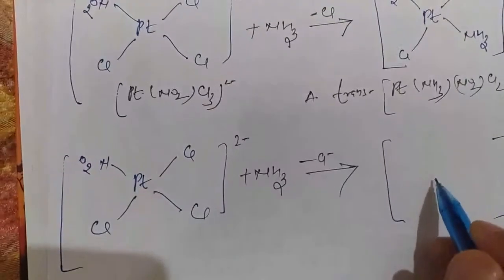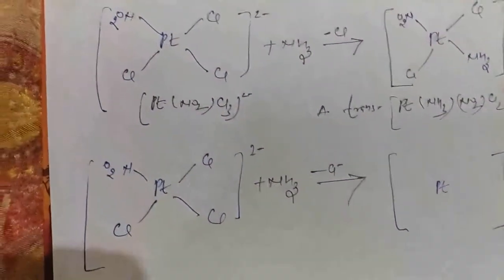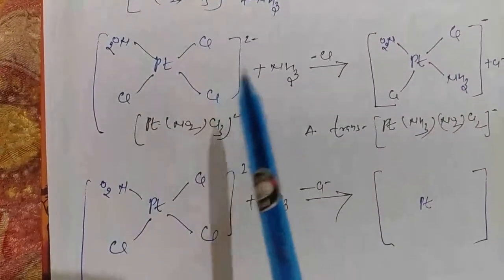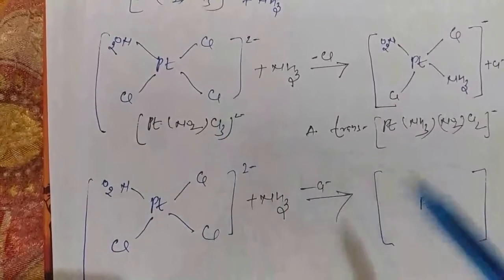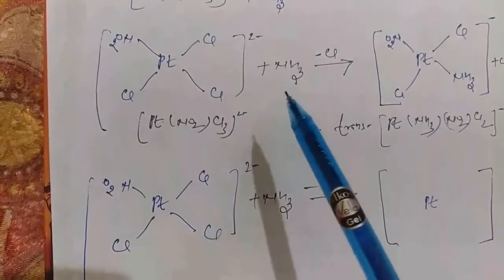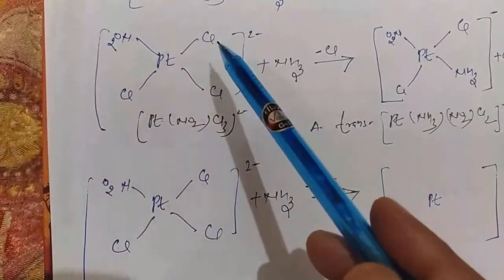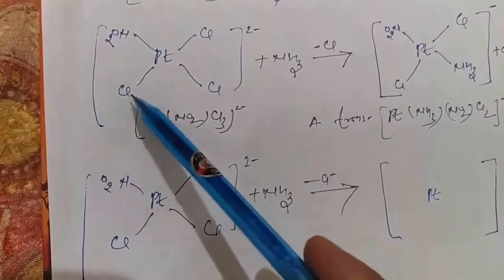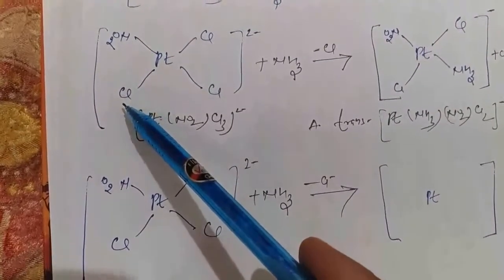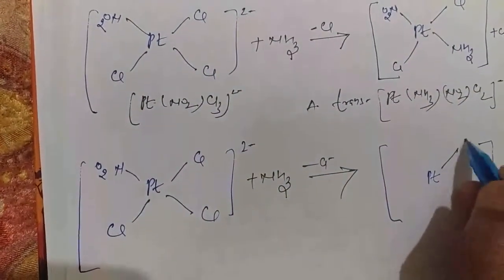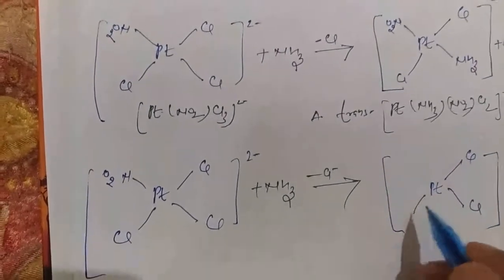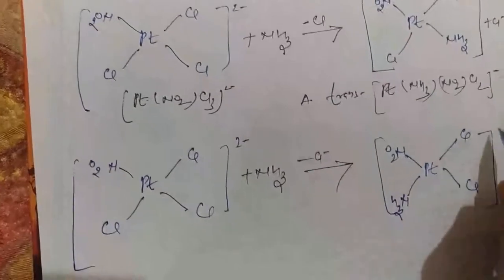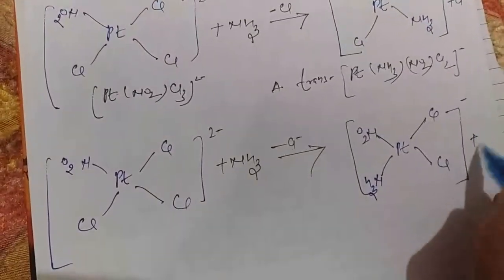Pt. Now in this case here we have ammonia replacing this chlorine. I am not discussing why I am taking this chlorine only, we will discuss later on. Now in the second case, if I take this chlorine, I'll get the same product. There is no change actually. So I have a choice to replace this chlorine only in this case. We'll take this chlorine as it is, and this chlorine will be removed by NH3. O2N will remain the same, with Cl negative.